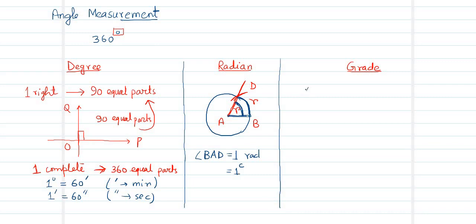If one right angle, whose measure is 90 degree, we already know that, is divided into 100 equal parts, then each part is known as 1 grade, and we write it as 1g.